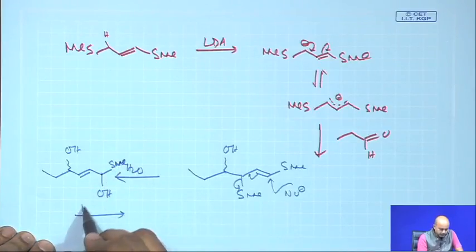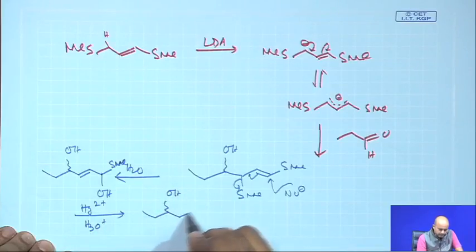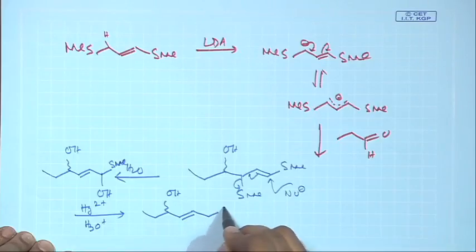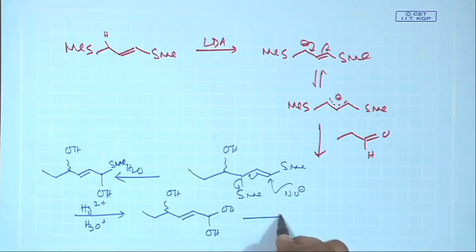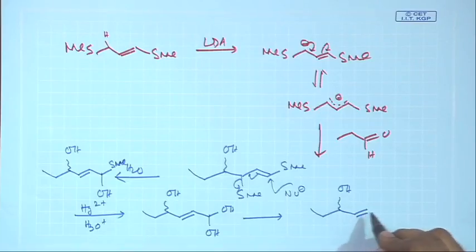So, now you simply deprotect this thiol with Hg2+ followed by aqueous workup, and you will get OH. Now, this compound is simply an acetal, which will instantly open up and give you the required compound.